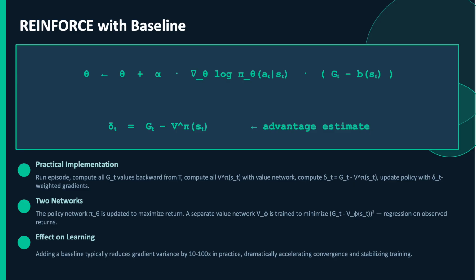Compute delta_t at each step and then update the policy network by gradient ascent using delta_t as the weight on the score function. The value network is updated separately by minimizing the mean squared error between V_phi of s_t and the observed G_t.